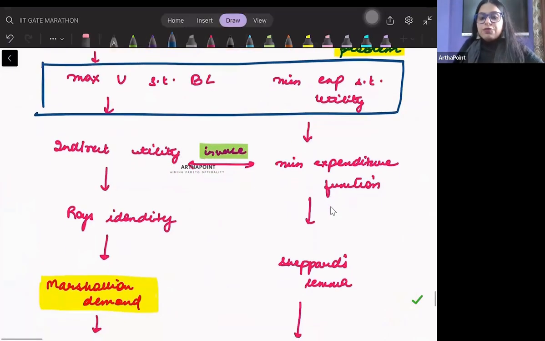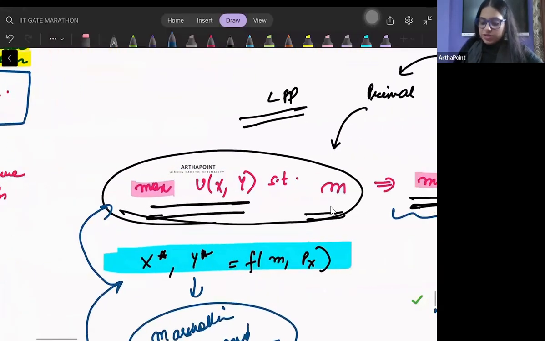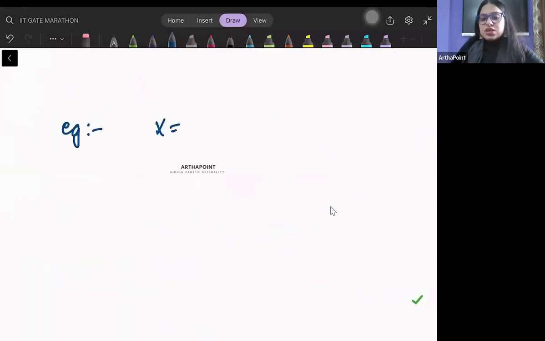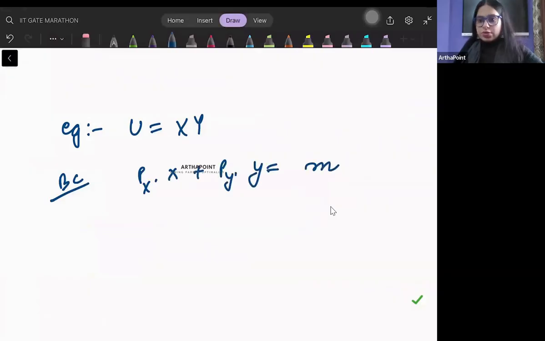Now, what we will get from this is something which is known as indirect utility function. Matlab, for example, I am given u is equal to xy. And my budget constraint is px into x plus py into y is equal to income of the consumer.